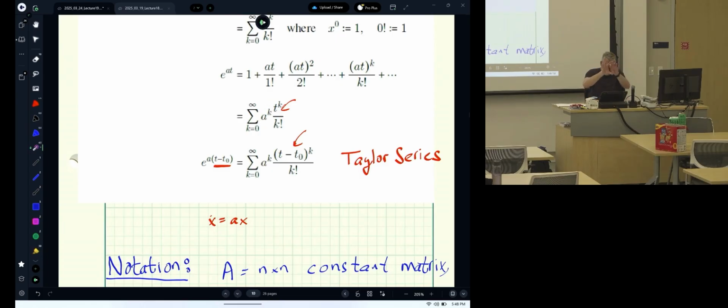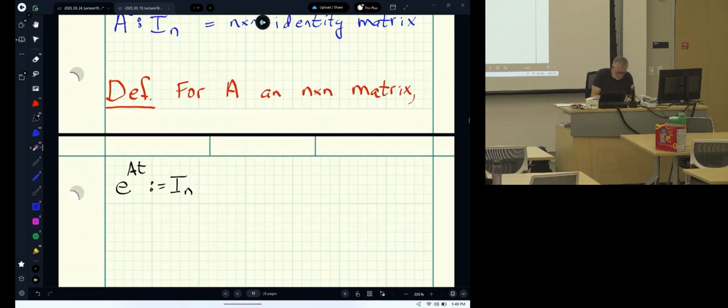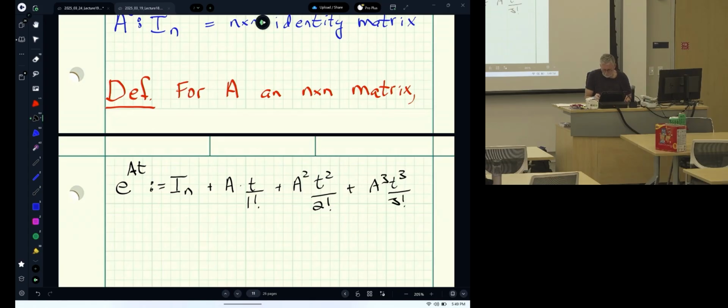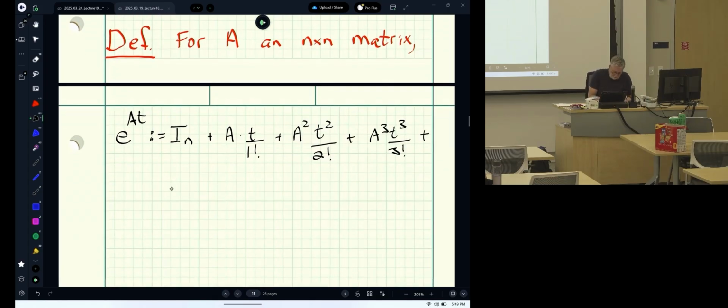I can take an n by n matrix and square it, and cube it, and fourth power, etc. So I get this, plus A t over 1 factorial, A squared t squared over 2 factorial. I'll just write out a few of them, but I think you get the hint. Plus A to the k, t to the k over k factorial plus dot, dot, dot.